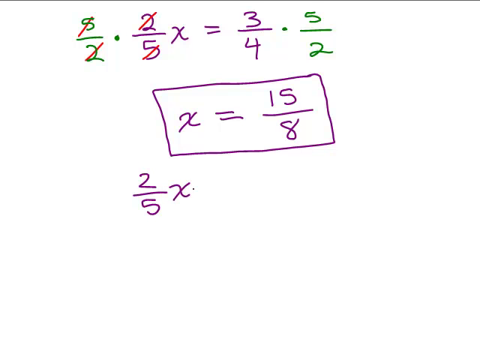Same equation. If you want to do it by clearing the fractions first, you look at the denominators. Well, this is the first time we have fractions on both sides, and we have 2 different denominators. They don't have any factors in common, so the least common denominator is actually 20, which happens to be 5 times 4.